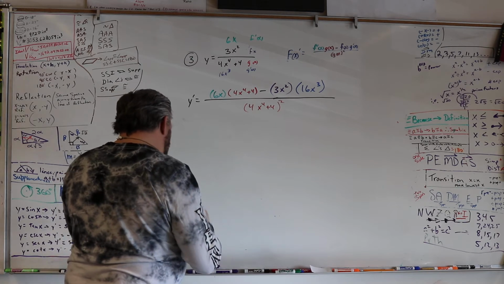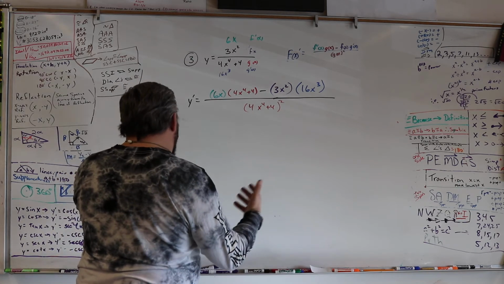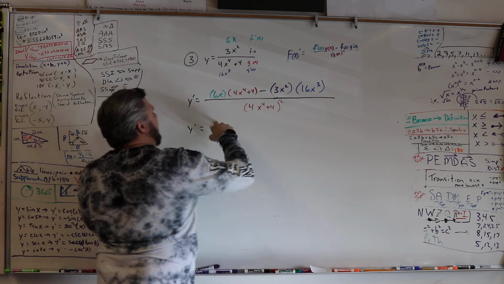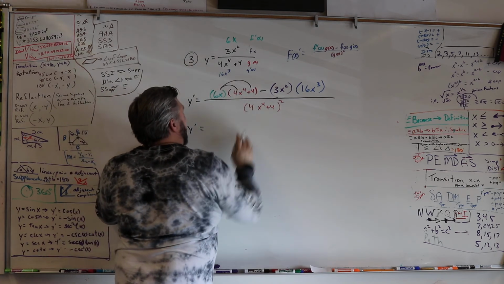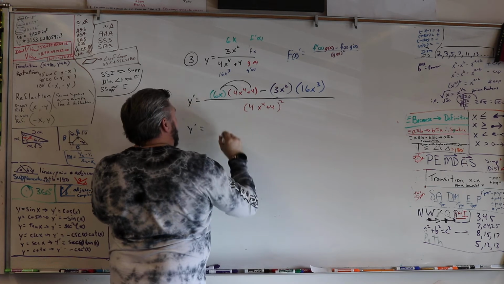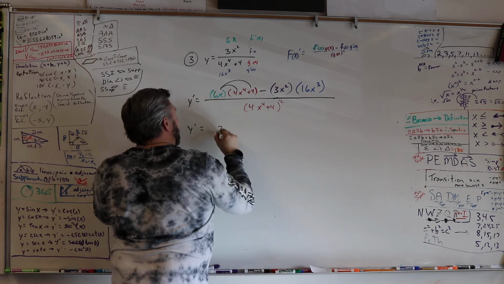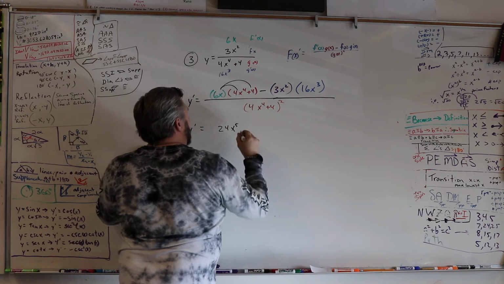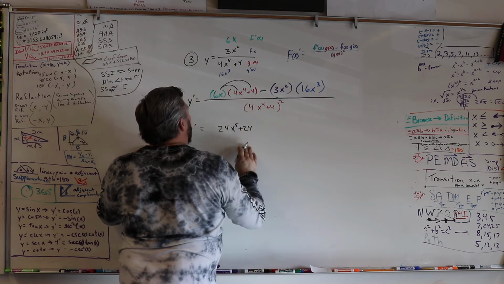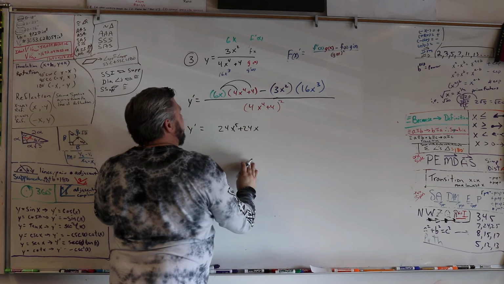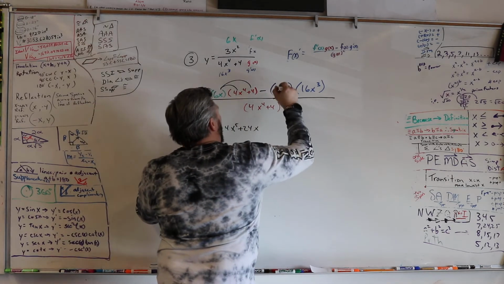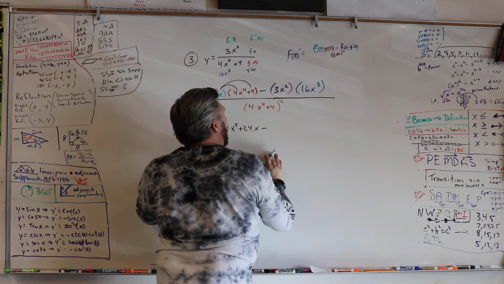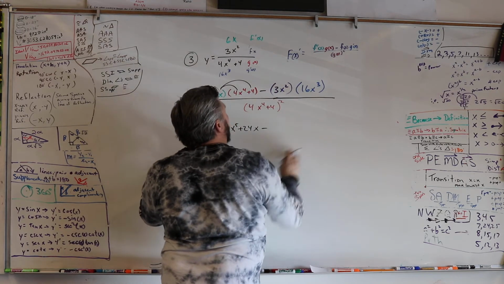The first thing I can do is start to combine some terms, okay? So 6 times that is 24x to the fifth, and plus 24x, okay? And then remember this is minus all of this. So let's put these two together real quick.